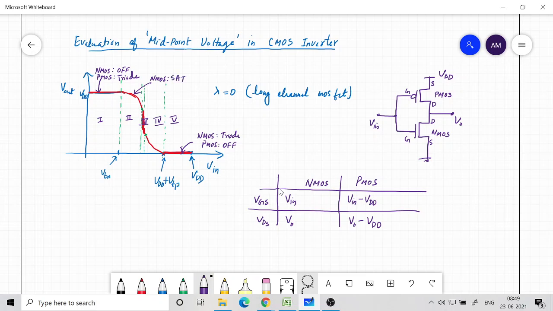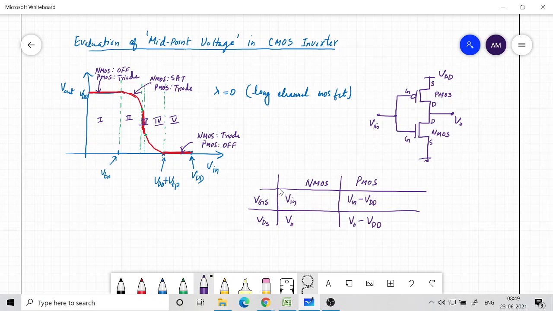PMOS continues to be in the triode region. It may change after V in becomes significantly larger, but it is now just above VTN. That is what we are considering.